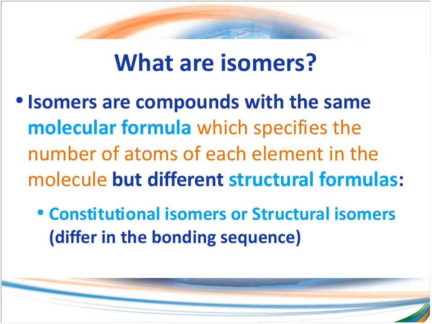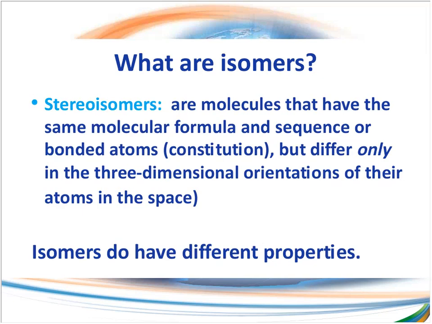And there are different types of isomers. One is the structural isomer, and then we will look at stereoisomer. These are molecules that have the same molecular formula and also the same sequence of atoms, but differ in the three-dimensional orientation of the atoms in space.